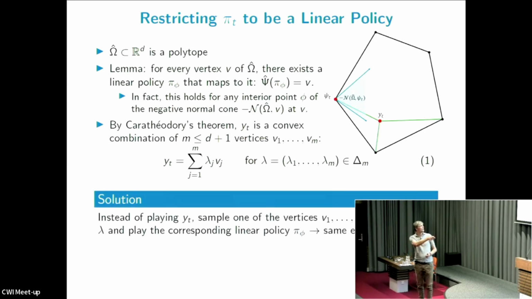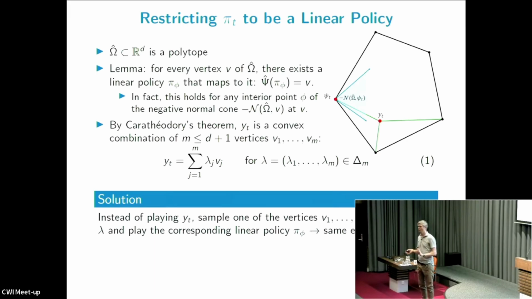Then instead of playing Y_t, we sample from this small set of vertices according to the mixture weights, to make sure that in expectation we still have the same loss as before. But now we're only playing vertices, and for every vertex I convert it to a linear policy and actually play that in my algorithm.